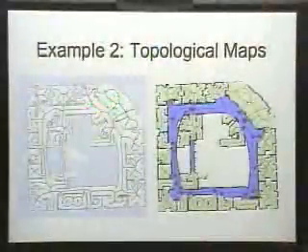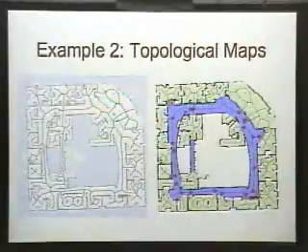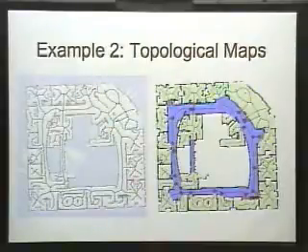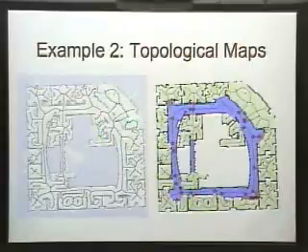Basically, you get sets of observations corresponding to various points in this space, and then you want to figure out what kind of place each of these points corresponds to, and cluster them together into specific places like rooms and corridors and doorways and junctions of corridors. And the reason why you might want to do this is so then you can tell the robot, leave this room and go down the hallway, take the second door on your left, things like that.